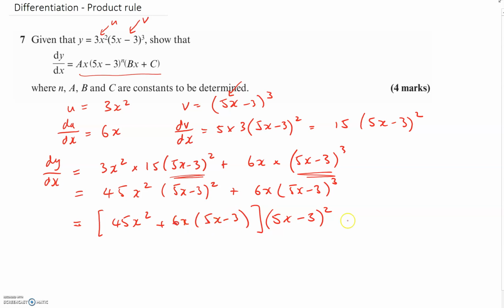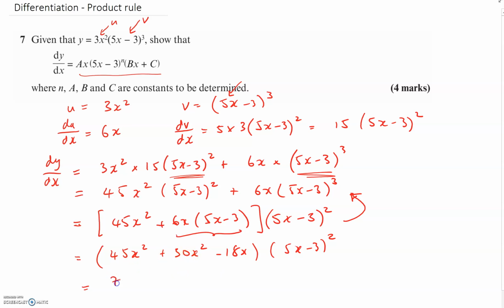Okay, so you see how this is the same as the line above. All I need to do now is tidy up the square bracket. If I multiply out this, I would then get 45x squared plus 30x squared minus 18x. And then tidy that up. I would get 75x squared minus 18x.